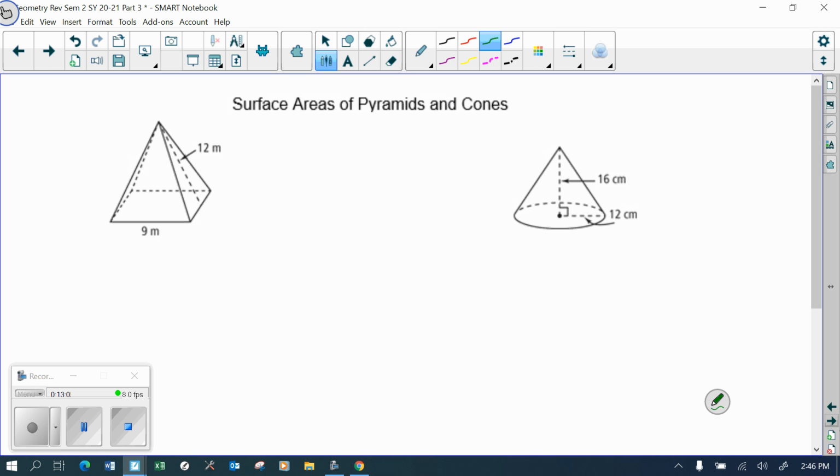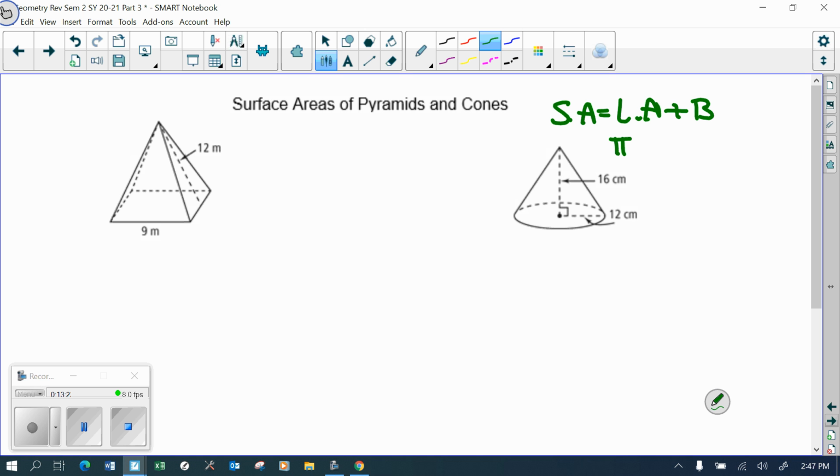Surface area of pyramids and cones. For the cone, surface area, again, remember it's lateral area plus, in this case, one base.